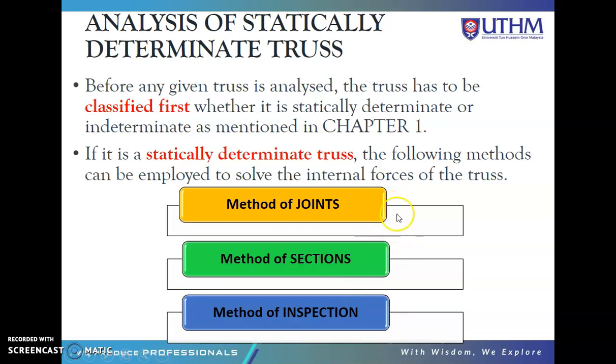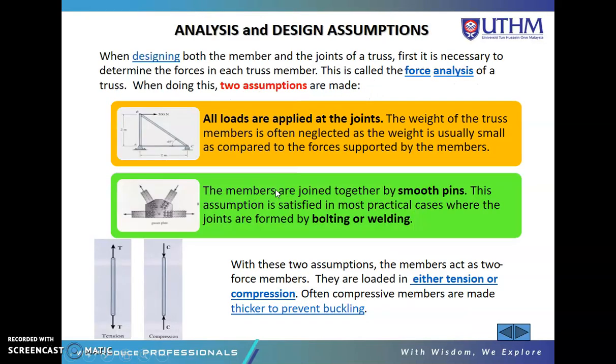Dan ada lagi satu point kat sini yang kita kena tahu, how to determine the zero force member. So at first, we will go for the method of join, which I will explain in detail in the next video.